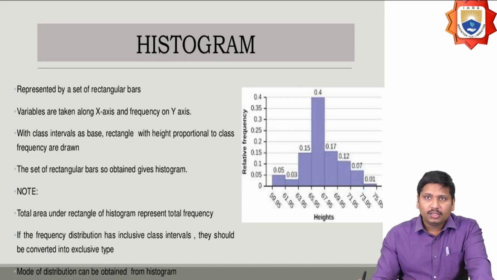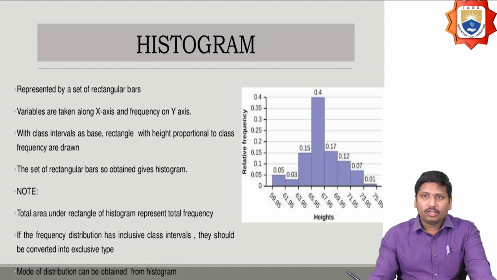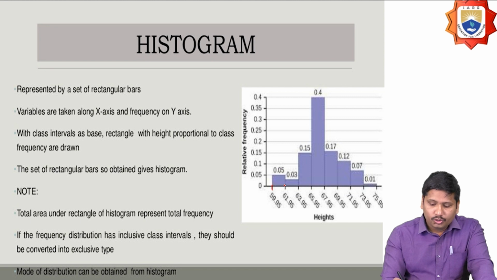The other kind of graph we are going to show is represented from the bar diagram. The histogram is represented in a similar fashion by a set of rectangular bars, and the variables are taken along the x-axis and y-axis. But here we show the class intervals, so based on the class intervals only can we construct the histogram.